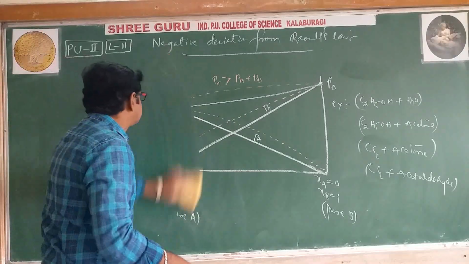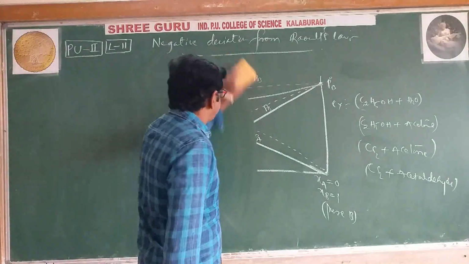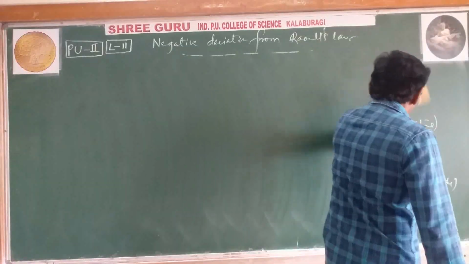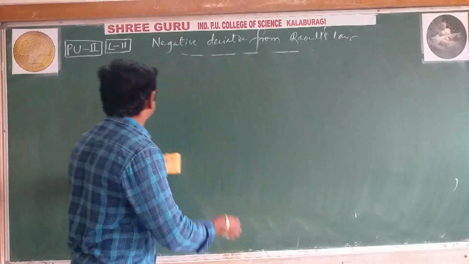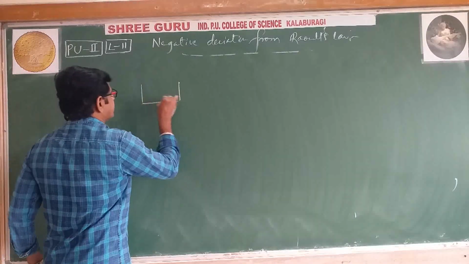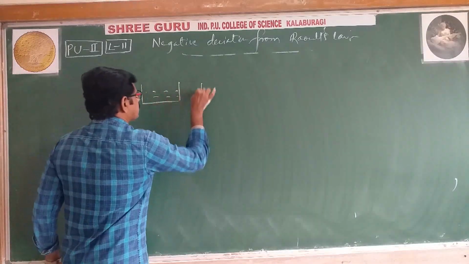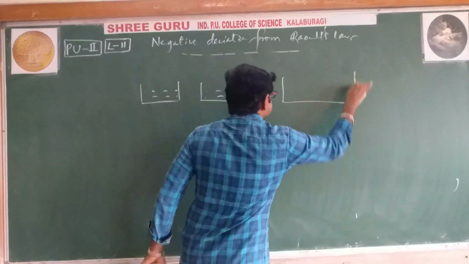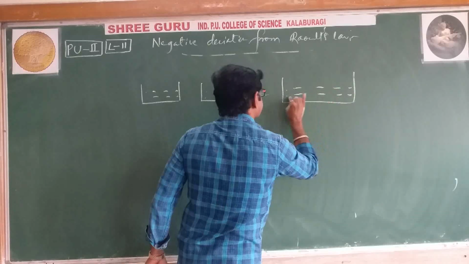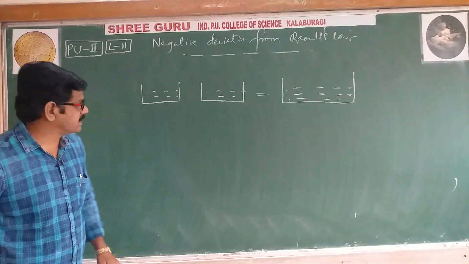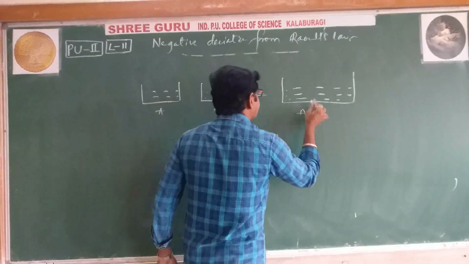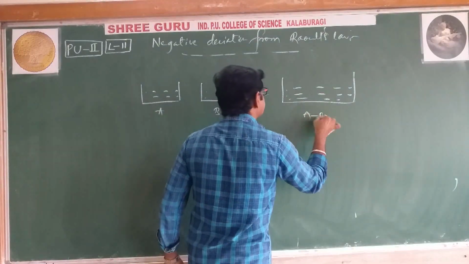Let's discuss now. We'll take again one container, here a mixture. It is again component A and component B, an AB mixture.